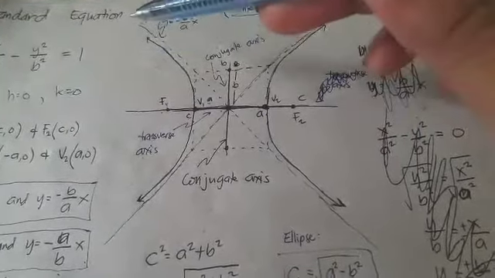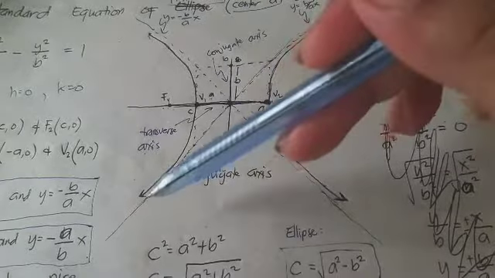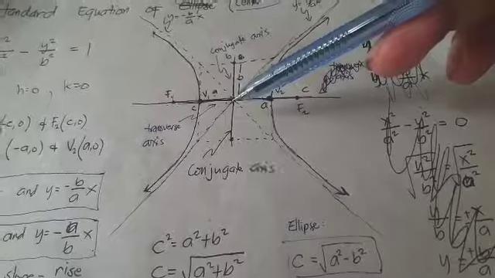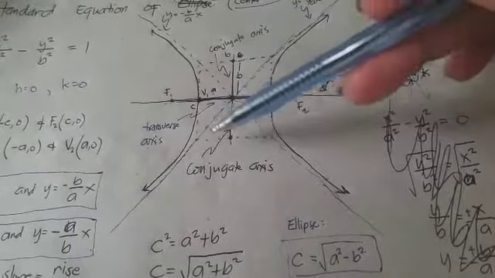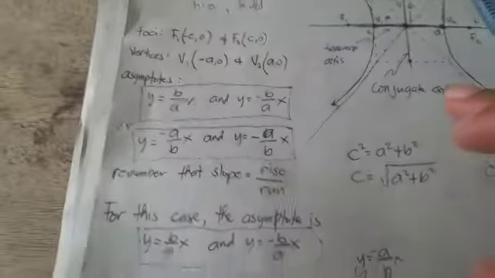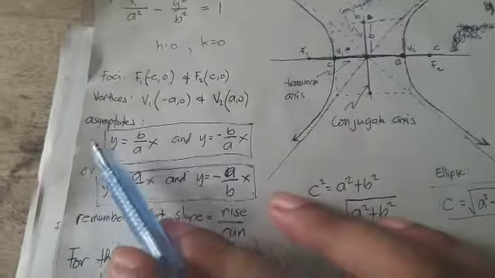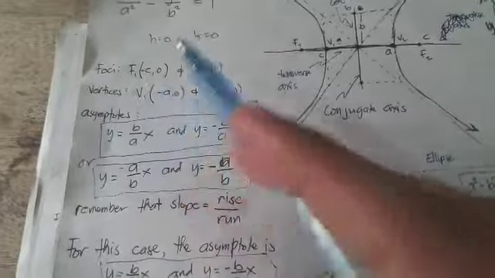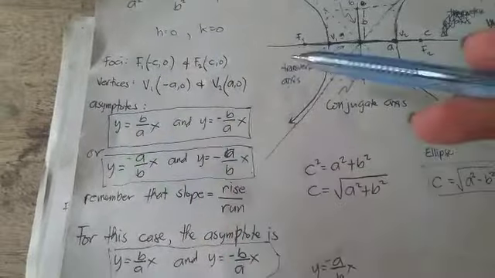This asymptote is a line that intersects towards the center. Later I will show how to graph it, but before that, let's see how to identify the foci, the vertices, and the asymptote in terms of the equation.